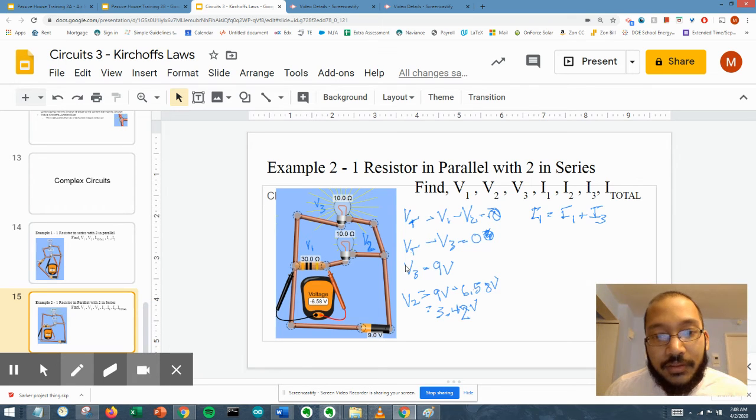I'm going to start with V3. I know V3 is 9 volts, so I3 is going to be V over R, which is V3 over R3, and that is 9 volts over 10 ohms, which is 0.9.